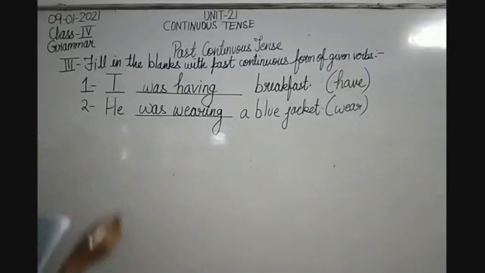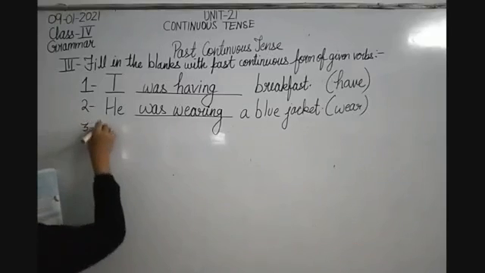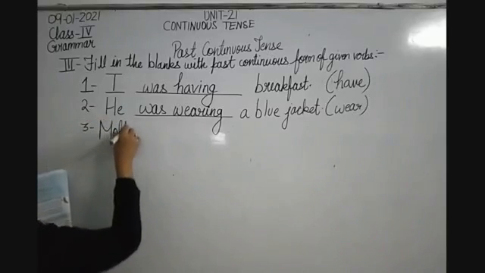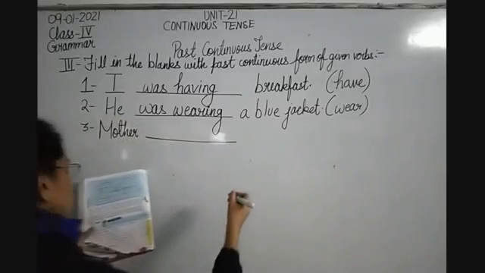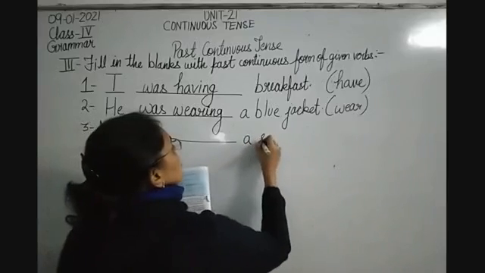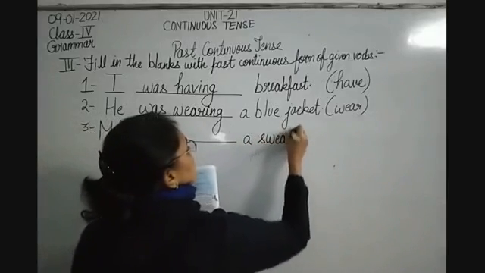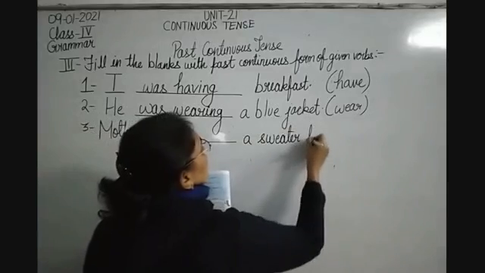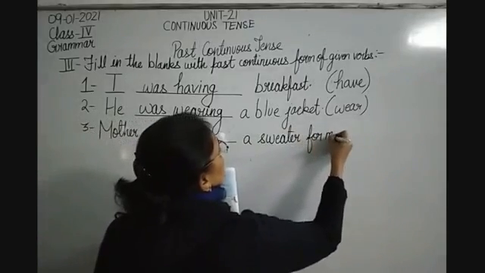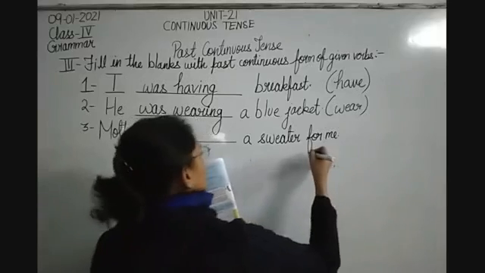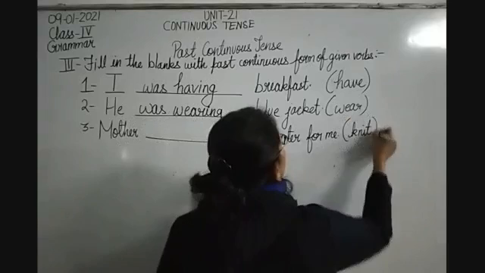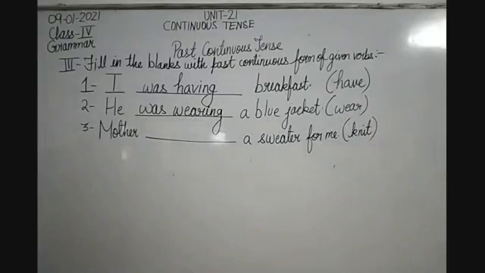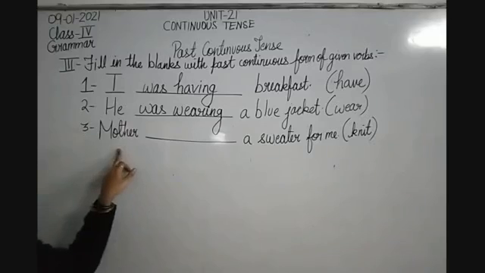Then the third one: Mother dash a sweater for me, and the verb given in the bracket is knit. Fine. Subject क्या है? Mother.